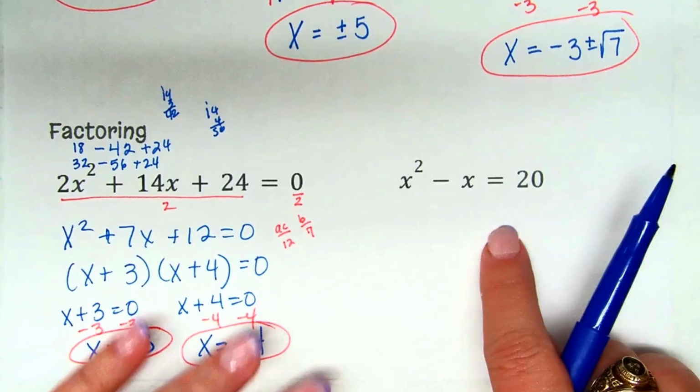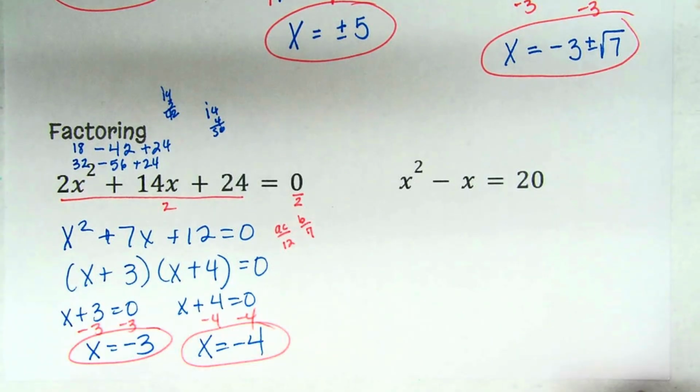Okay, so what am I going to do here first? Subtract it. You're on the right track, but not x. 20. Why am I going to subtract 20 from both sides? I need it all equal to 0. Absolutely.